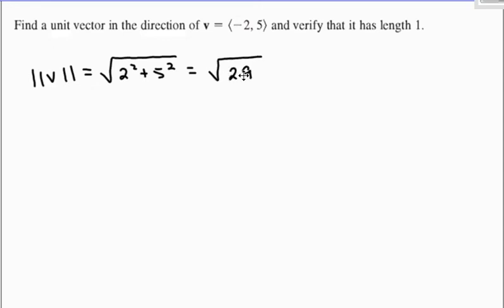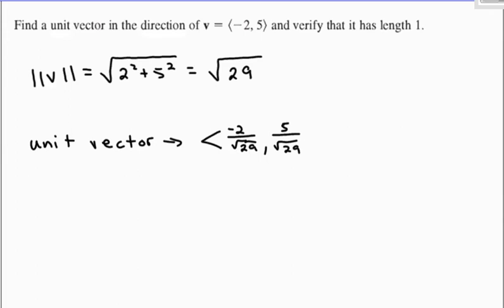All right, so the unit vector for v is just going to be the left-right component, -2 over the square root of 29, and then the up-down component, which is 5, over the square root of 29. There's my unit vector. That's a vector that has a length of 1 that goes in the same direction as this vector.